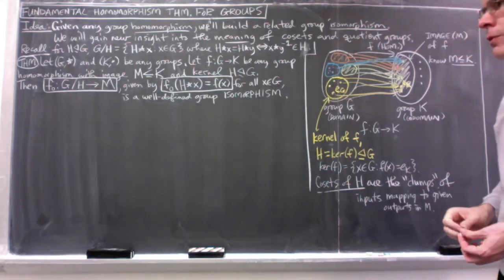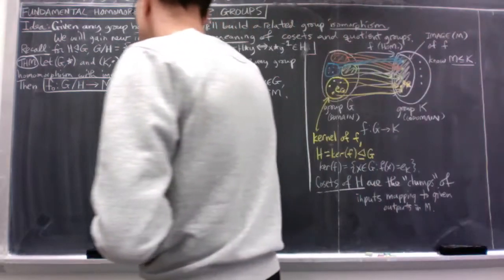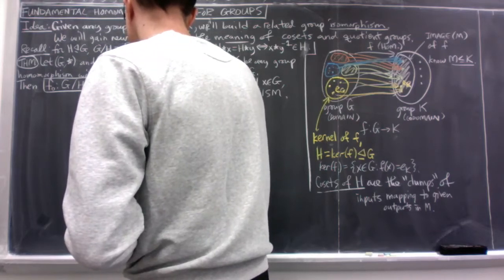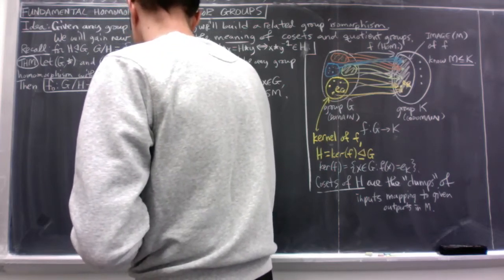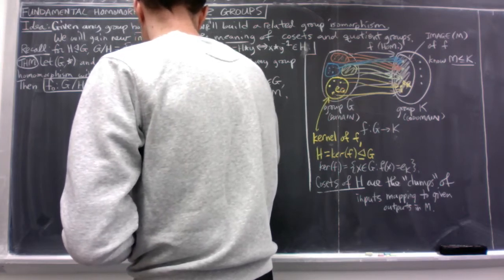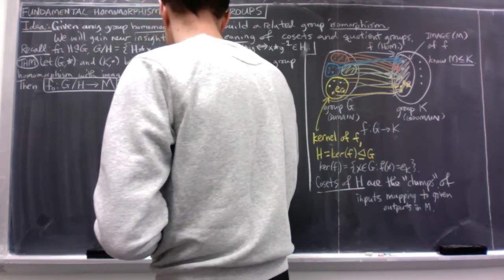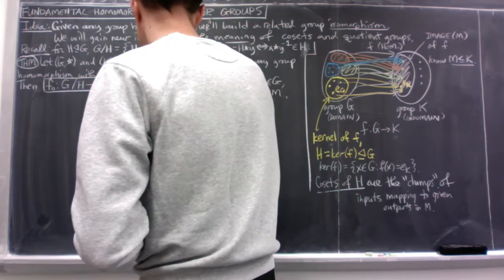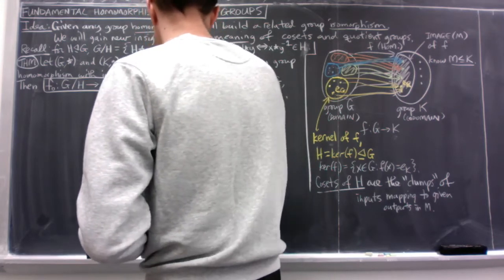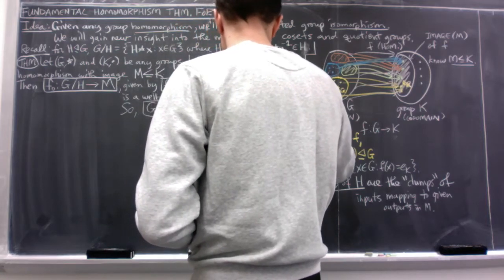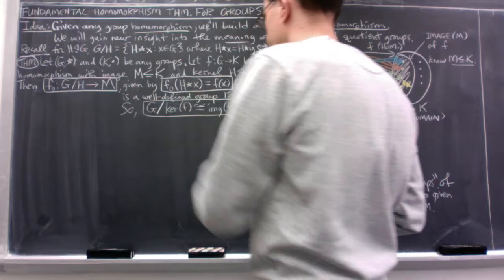So to say that symbolically, just to summarize what the theorem says, it's saying that G mod, or the quotient group by the kernel of F, is an isomorphic group to the image of F, via the isomorphism F naught. There's a specific formula for it that's right here.